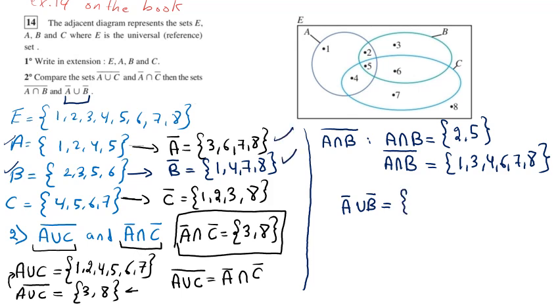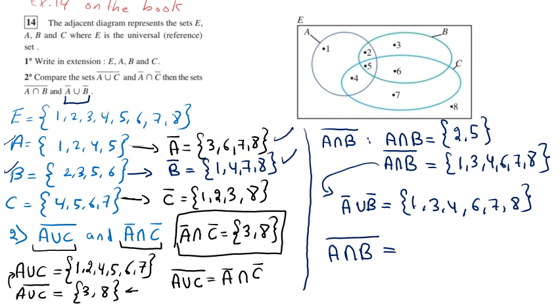It will be 1, 3, 4, 6, 7, and 8. In the same way, you can see that these two sets are equal. So the conclusion: (A intersection B) bar, if we distribute the complement, is A bar union B bar.